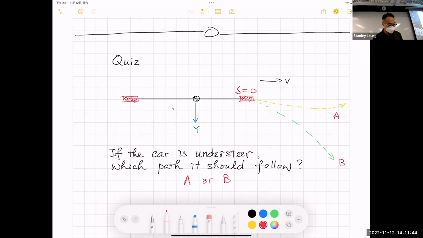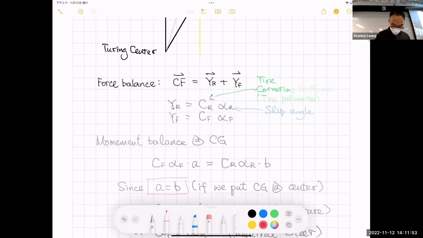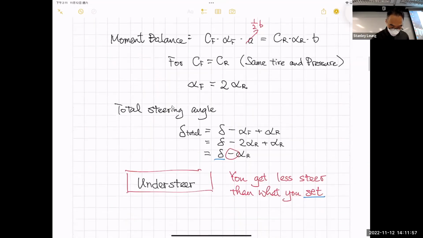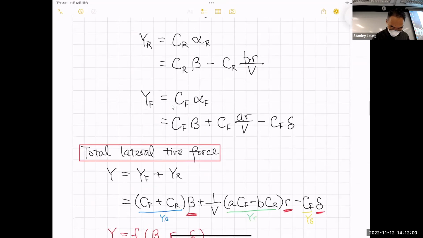And actually, today we start with this one. Which is correct?